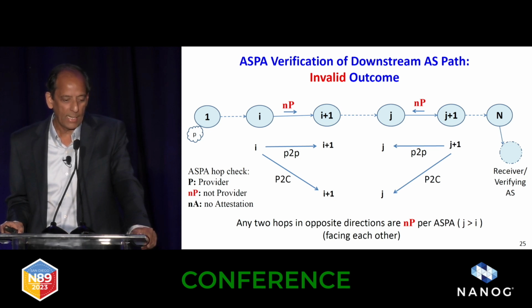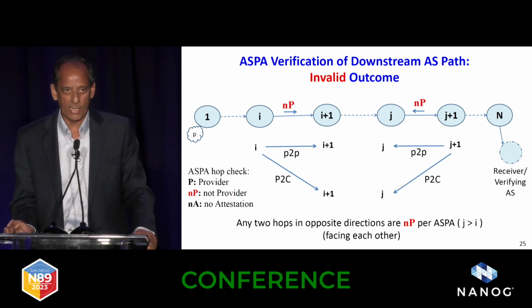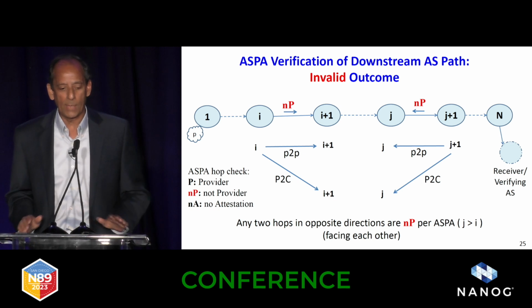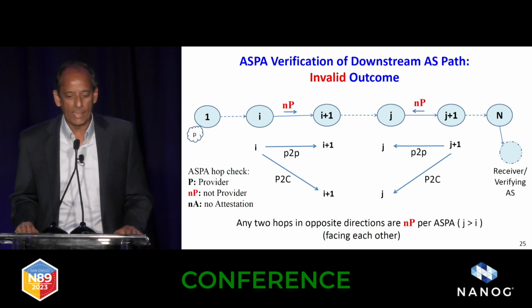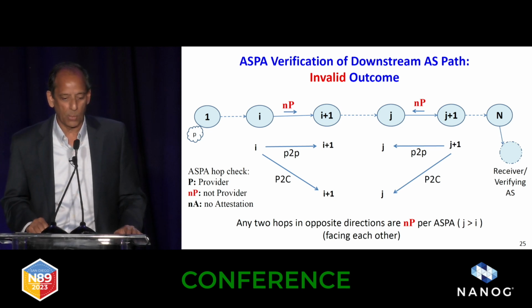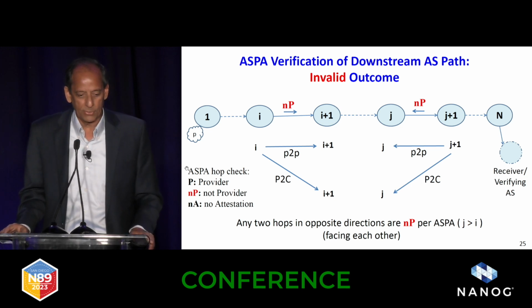It looks for AS i on the left, and the hop from i to i plus 1 on the left, and on the right it looks at hop j plus 1 to j. For any i and any j, if it is true that i to i plus 1 is not provider, and j plus 1 to j, in the opposite direction to the route propagation, is not provider, then this is a route leak. So this is the classic definition of route leak.